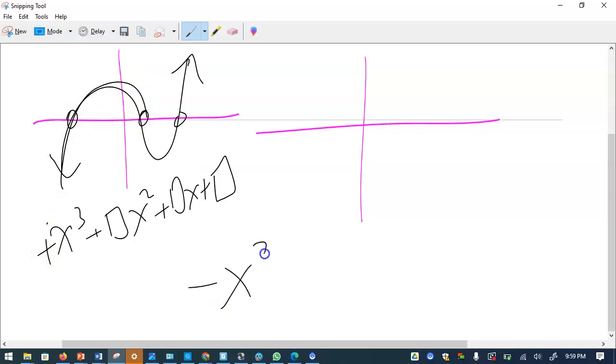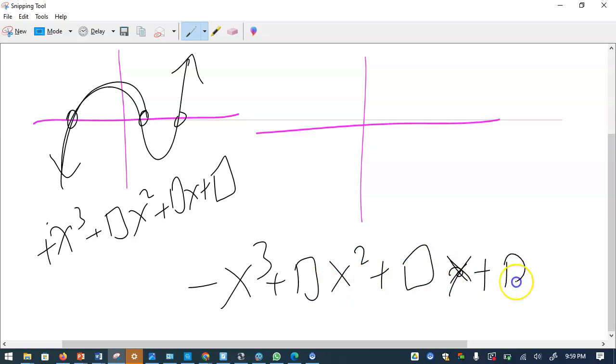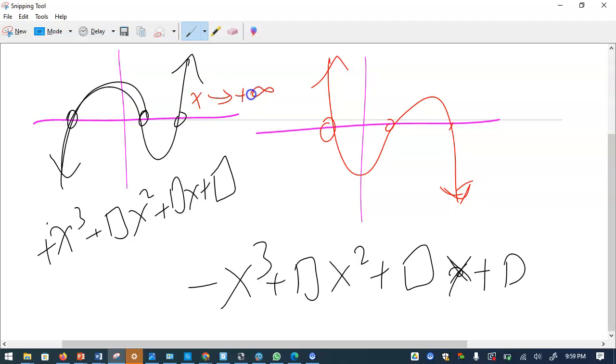But if it is negative, like this, see, what the negative does is it flips the graph. That means the whole graph will be the same graph, something like this, but it will go something like this. So that's the difference. So on this side, even as x approaches a large positive number, the y approaches a very large positive.